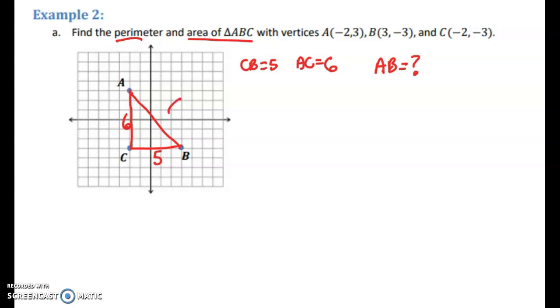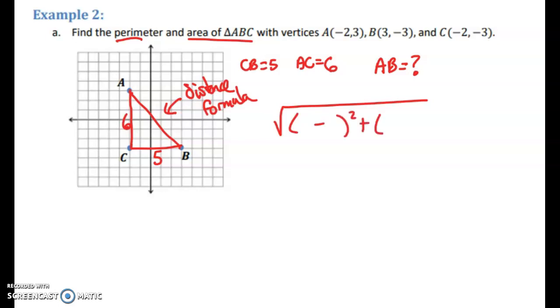So what I need to do is find that using the distance formula, which we did in 1.3, and it would be in your interactive student notebook if you do not remember it. So you can set up the distance formula using the points. For example, if we're doing AB, A is at (-2, 3), and B is at (3, -3).